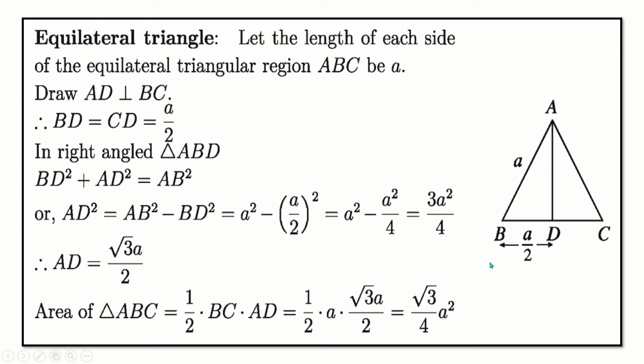Always we have to apply half into base into height, this formula, and we will get different kinds of area for different shapes of triangle. Here as the triangle is equilateral, its area will be root 3 divided by 4 a square, square unit, and you have to remember this.